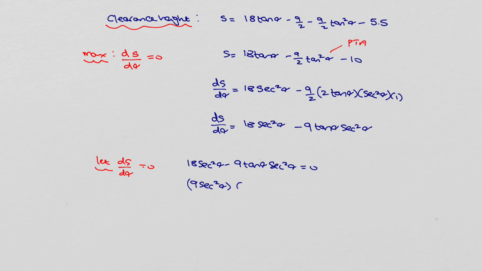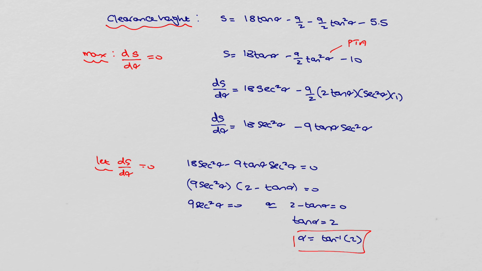So if I take that out, that leaves me with 2 minus tan alpha equals 0. And if I let both of those equal 0, then I get tan alpha equals 2, and hence alpha is equal to tan inverse of 2, which is what I wanted to prove. And over here it's irrelevant. We don't need to do anything with that.